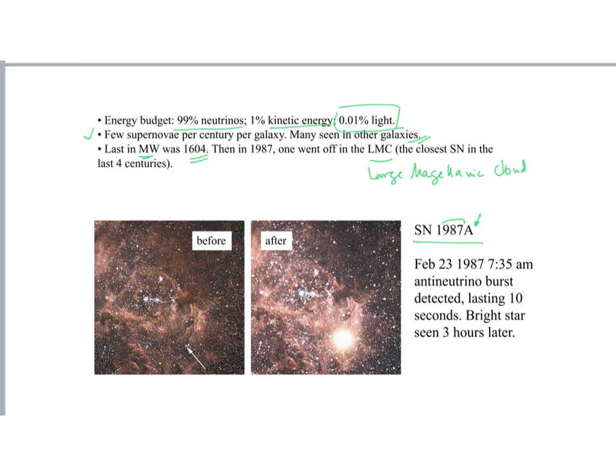It's basically the closest supernova in the last 4 centuries. So just before the explosion, it was basically nothing, and it appeared 3 hours after an antineutrino burst was detected, and that lasted about 10 seconds, and that is the supernova explosion. That's pretty neat, isn't it?